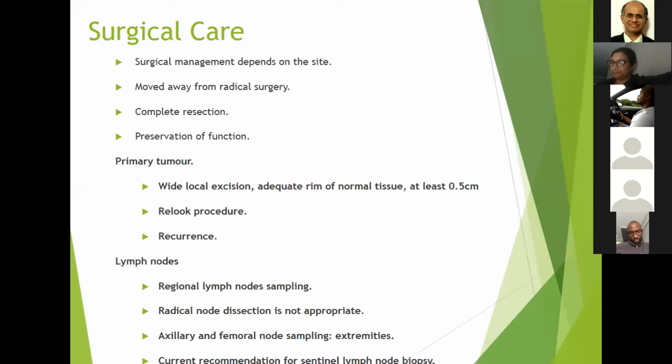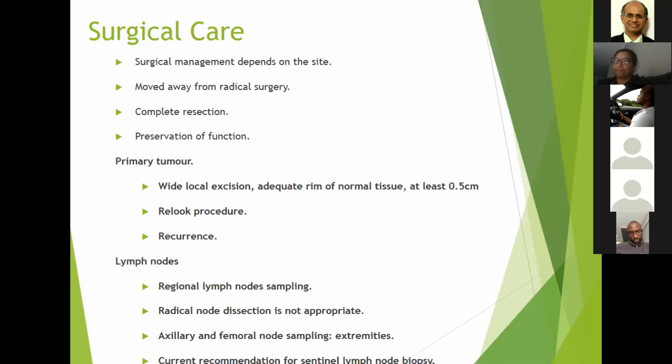This helps to prevent disfigurement and loss of function, because these tumors can invade lots of tissues that still need to be used for function and are important for daily life. So preservation of function is important. Complete resection, if it can be achieved, is also very important.